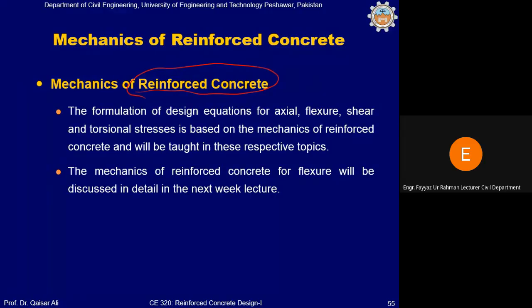Why is it different? Because reinforced concrete is a composite material. It is made up of concrete and steel, and at a very small loading, it gets into the non-linear range. There will be cracks, and after the appearance of cracks, the behavior will be non-linear.